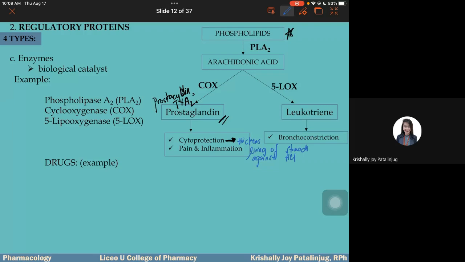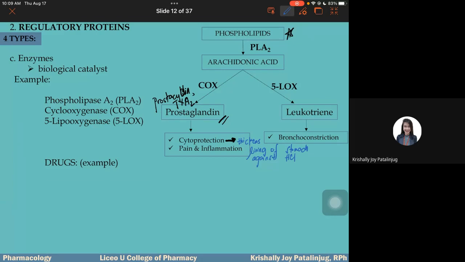And there is pain and inflammation that is not tolerable, especially if it's excessive and it lasts longer. So we need drugs to relieve pain and inflammation.